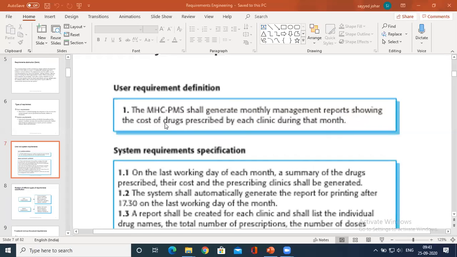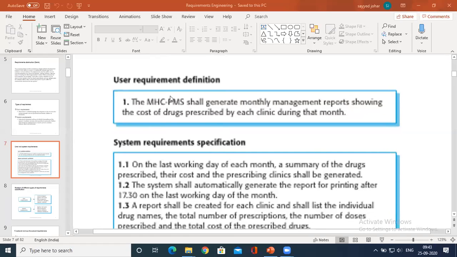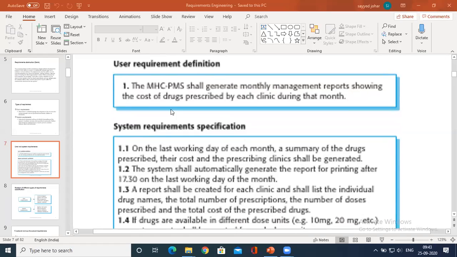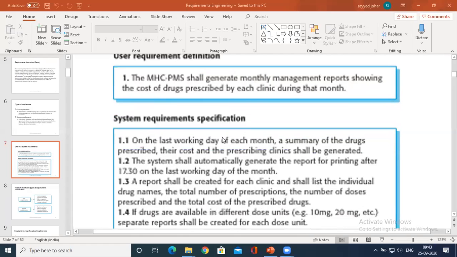This is a user requirement because the user wants to know the cost of the prescriptions. That is at the customer level. Whereas in the case of system requirement, how does the system work with respect to this requirement? At the end of every month, a summary of drugs prescribed, their cost and which clinic prescribed them, that report will be generated.